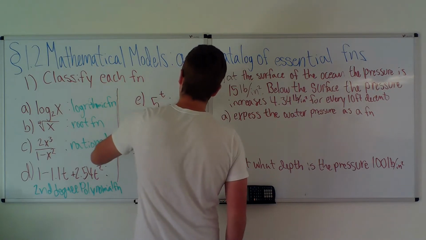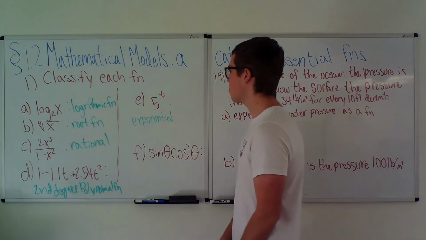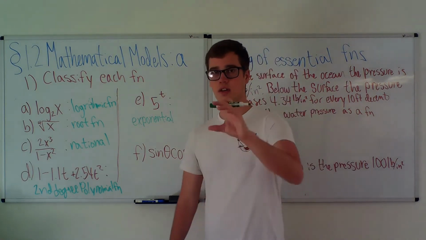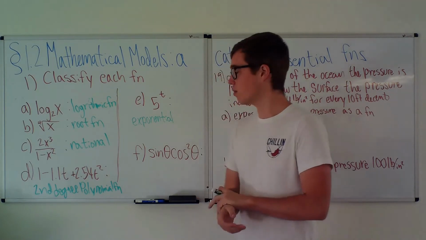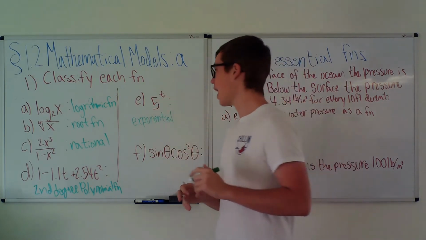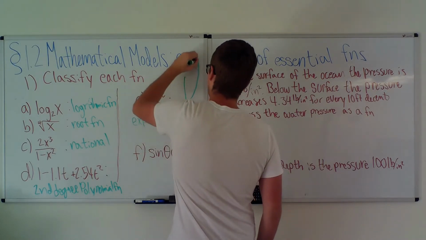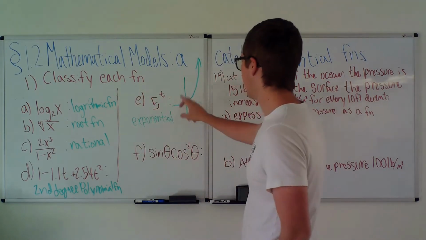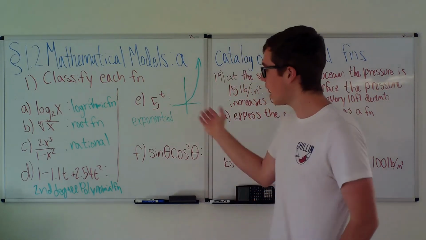And you can tell when an exponential function is an exponential function because it's always going to have some number to your input. So this one is 5 to the t, and if you remember from the graph, this will get exponentially big. So it's an exponential function.